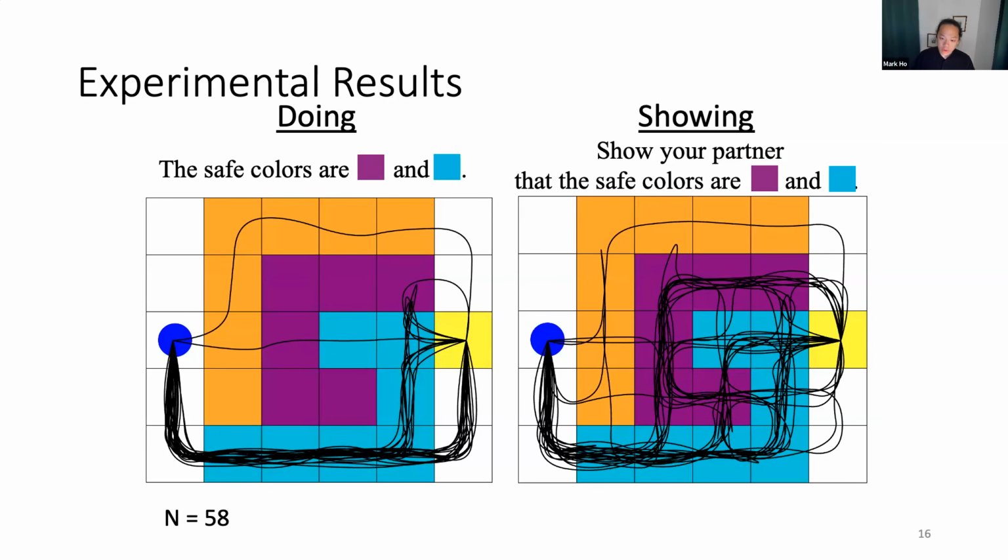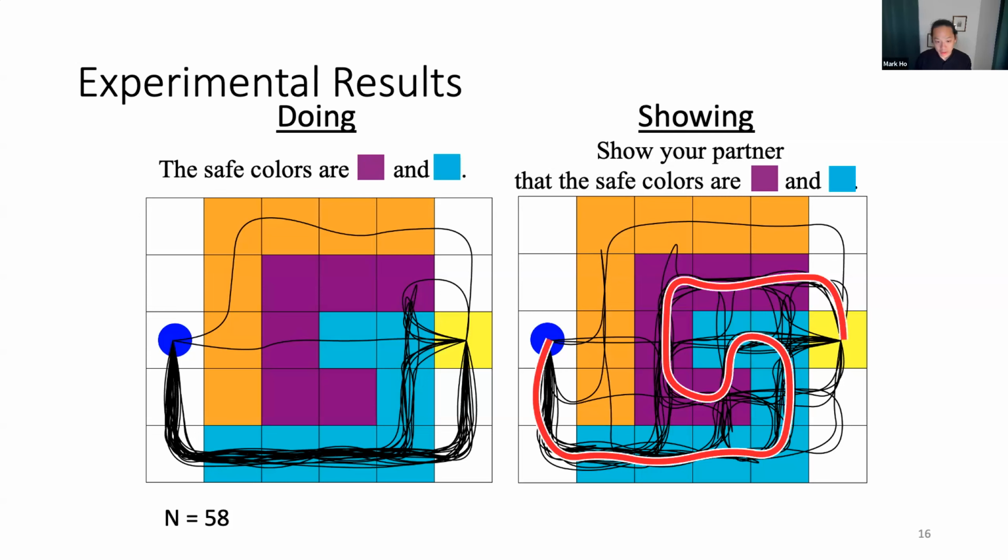And if we plot out what all the people in this experiment did between these two conditions, we can see that there's a pretty substantial difference in the type of behavior. They're just doing a task versus conveying a task. So we can ask, what's happening on the right-hand side that's different from the left-hand side? Another thing is that in this showing condition, people would do pretty interesting, wacky things.